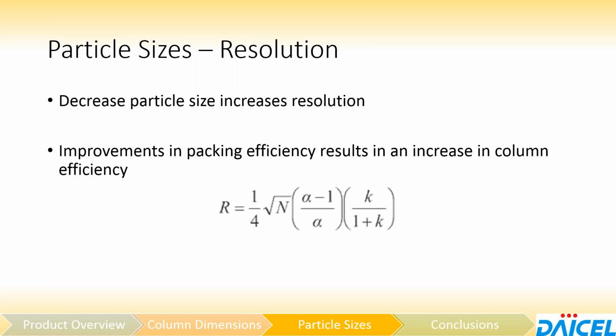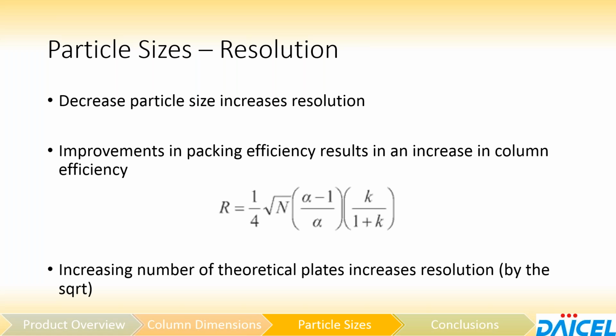By that I mean smaller particles pack more efficiently than larger particles do. And because smaller particles pack more efficiently, we will see an increase in the number of theoretical plates, N. And as we talked about before with column dimensions and length, an increase in N results in an increase in resolution by the square root of N.